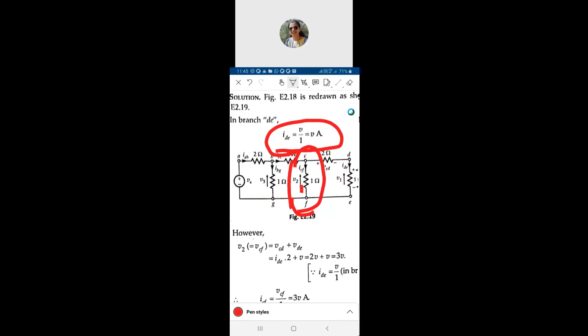Actually, if you use Kirchhoff's voltage law, this V2 will be equal to VCD plus VDE, that is the voltage drop across the 2 ohm resistor which is placed in between terminals C and D, plus the voltage drop across the 1 ohm resistor which is placed in between terminals D and E. So V2 is equal to VCD plus VDE using Kirchhoff's voltage law.